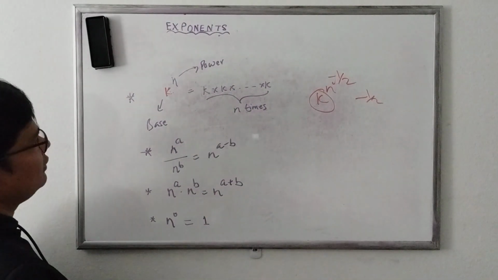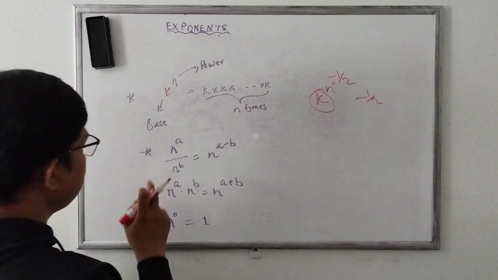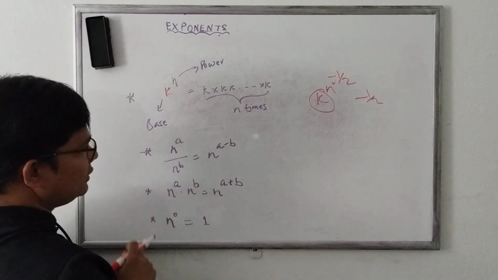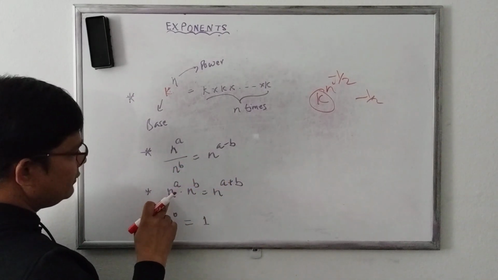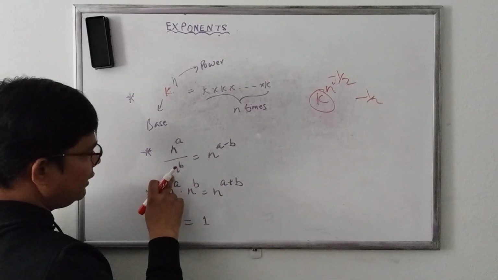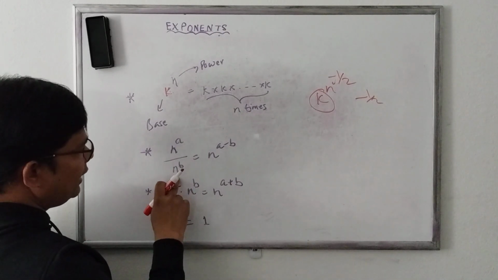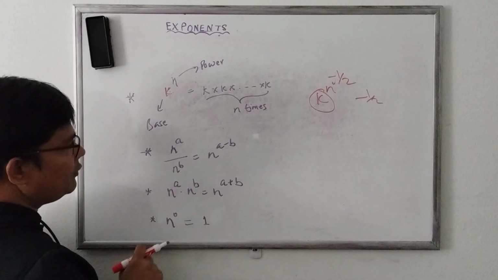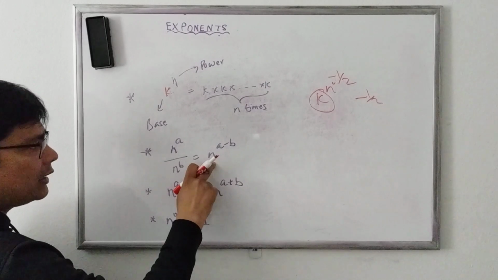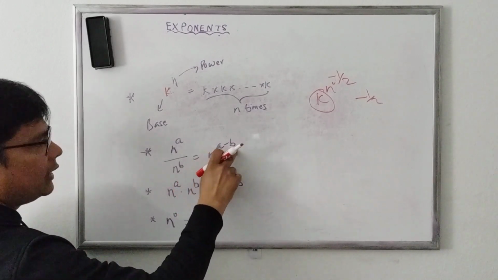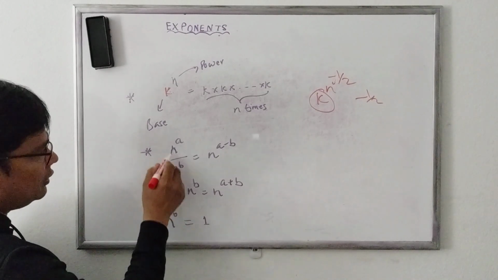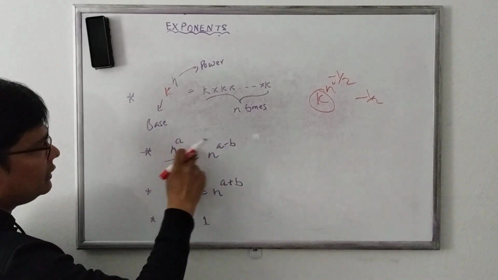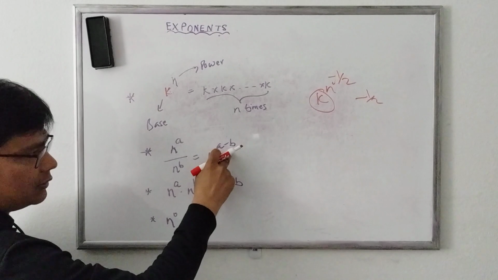Okay, now let's think about two numbers. If we have the same number, n power a divided by n power b, what will happen? We can write it as n power a minus b. So you have to take the base and subtract the powers.